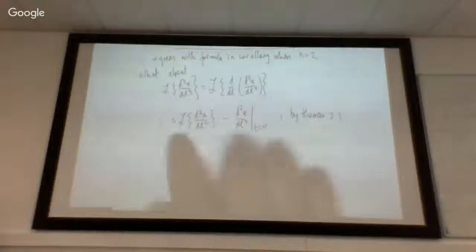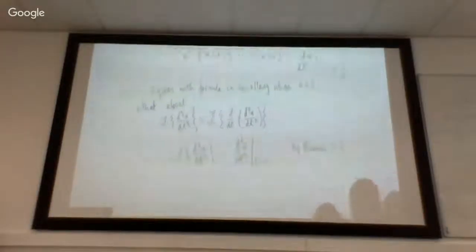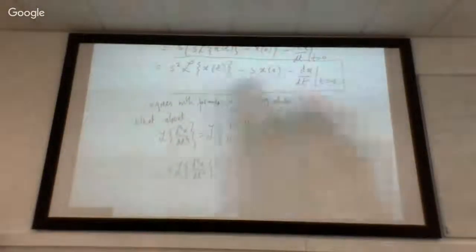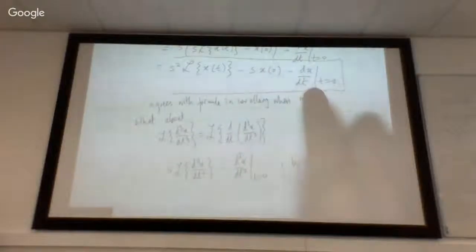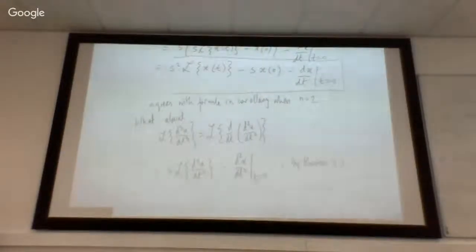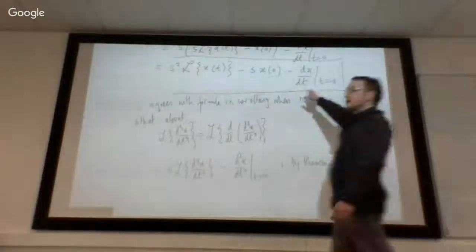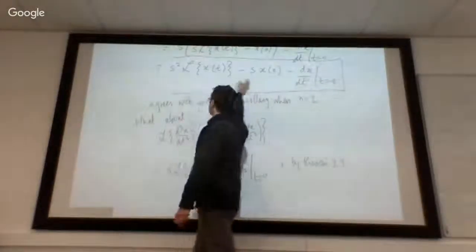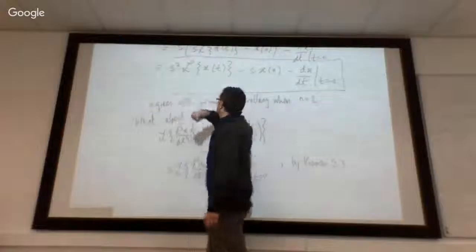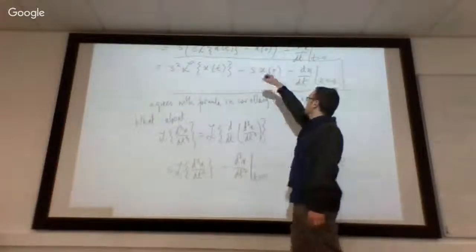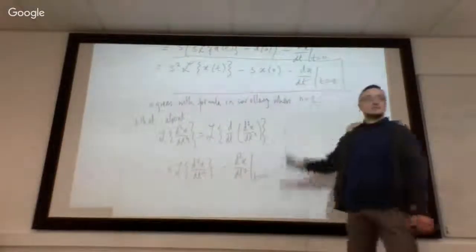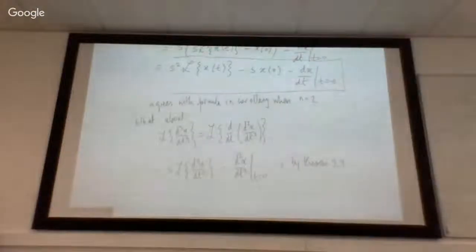But this Laplace transform of a second derivative, well, we've just worked it out. That's what's in our red box there. It's all this expression here. So I just need to multiply this all by s, so I need to increase the powers on s here. So we get s cubed, this term here, minus s squared x of 0, minus s times the initial value of the first derivative.